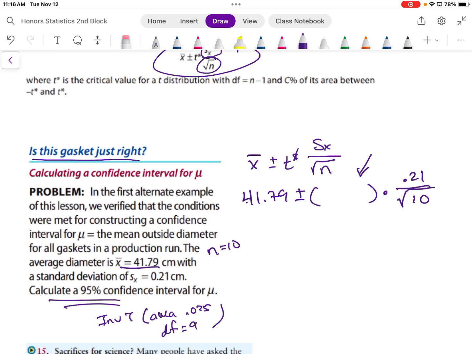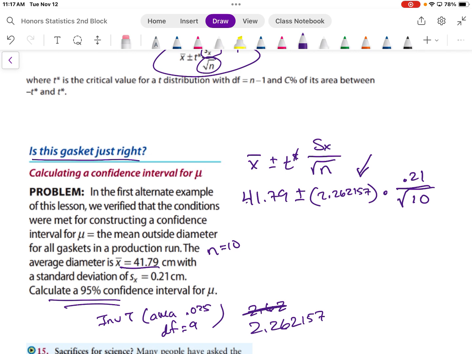It gave me 2.262157. That'll get us close enough to what the calculator will give us in a minute when we do it faster.